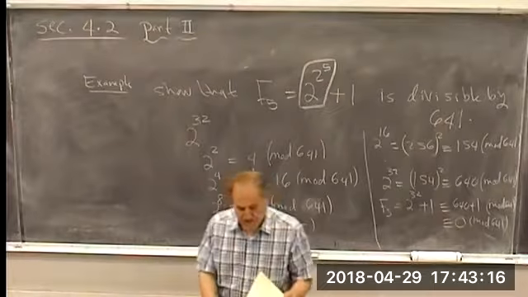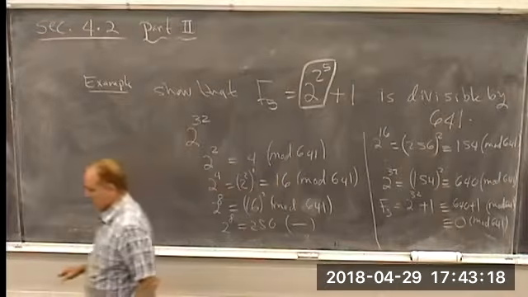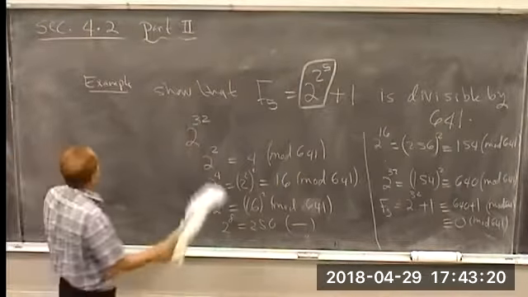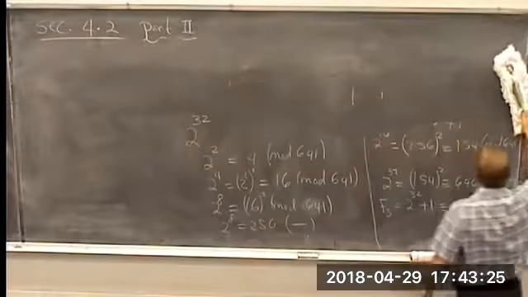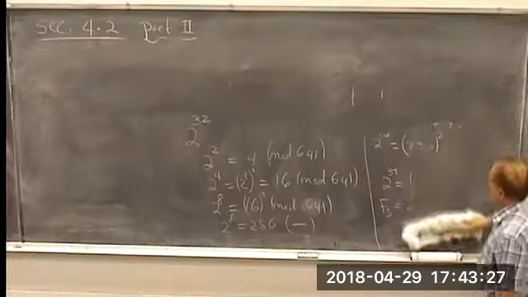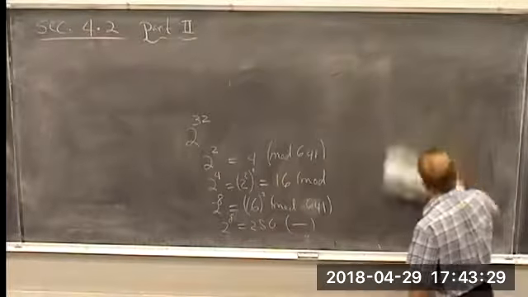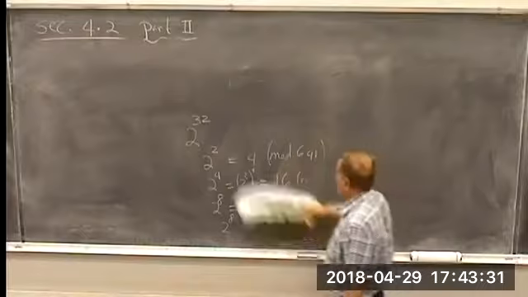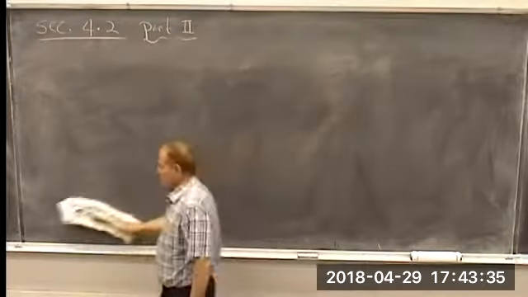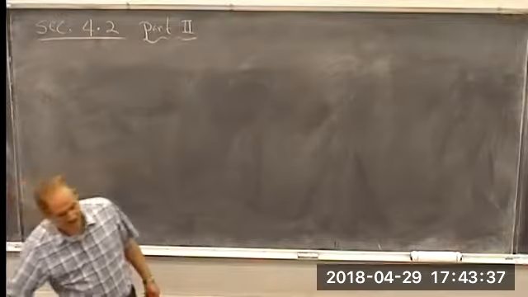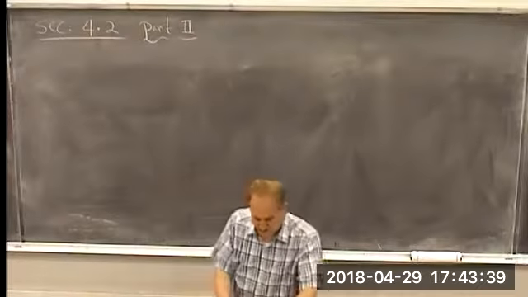Here's another example. This is one of the examples in the book. We need to find the remainder of a huge number when it is divided by 12.